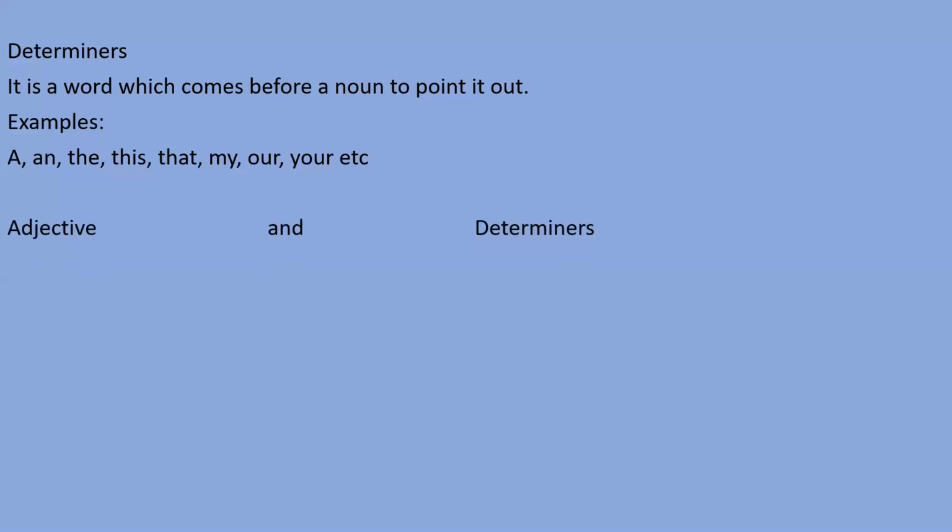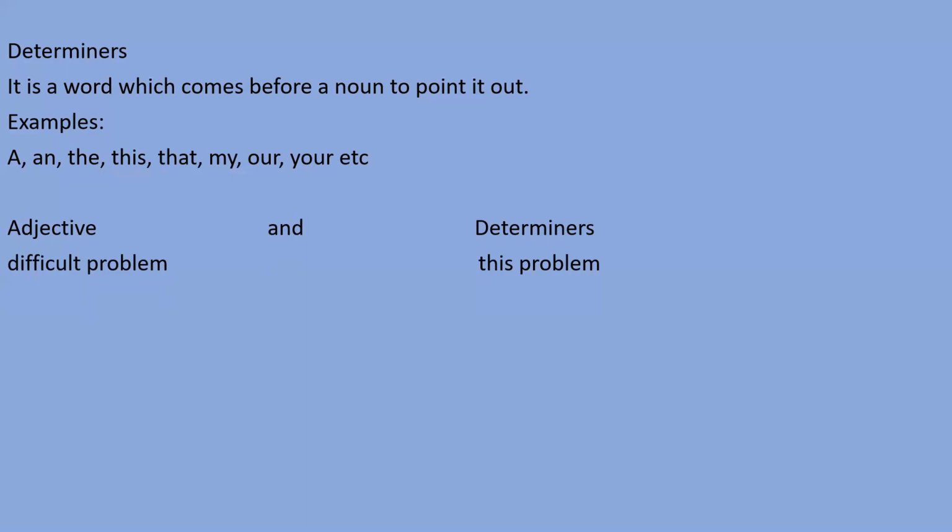So, dear students, determiners are like adjectives. As we use adjectives in a sentence, we use determiners in the same way, right? Secondly, determiners are a part of the adjective, but there is some difference between adjectives and determiners. Like you can see: this difficult problem and this problem.